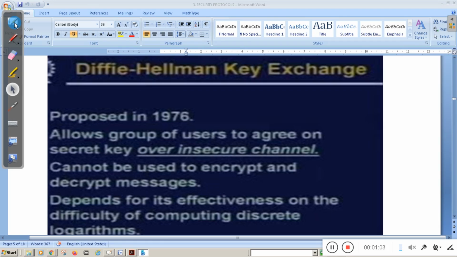They are not sitting beside each other. The sender may be in one corner of the world and the receiver in the other corner, communicating without seeing each other. So how will they share the secret key?